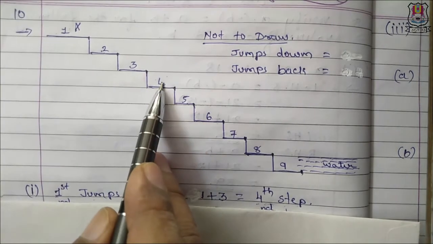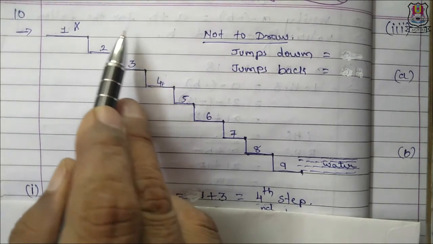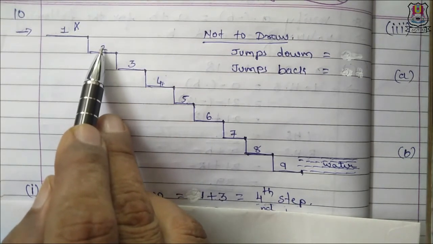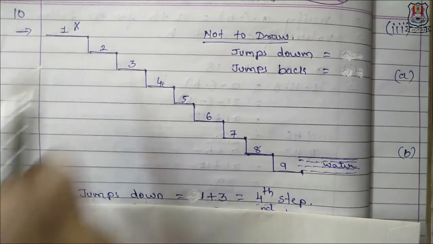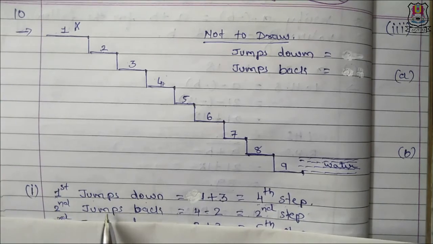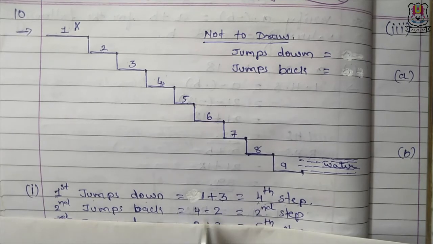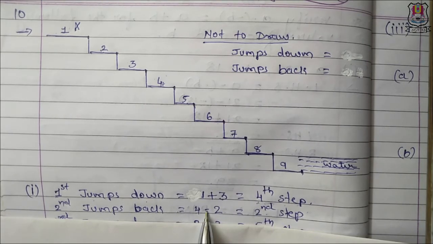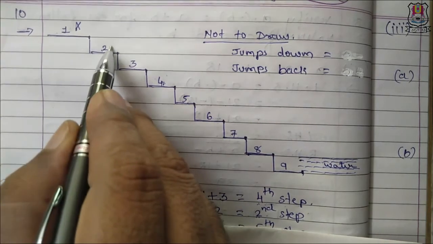Now from the 4th step he is jumping back upwards to the second step, 2 steps up. So in second jump he jumps back. So he was on the 4th step, and then he jumps back 2 steps. So 4 minus 2, now he is on the second step. So now monkey is over here.